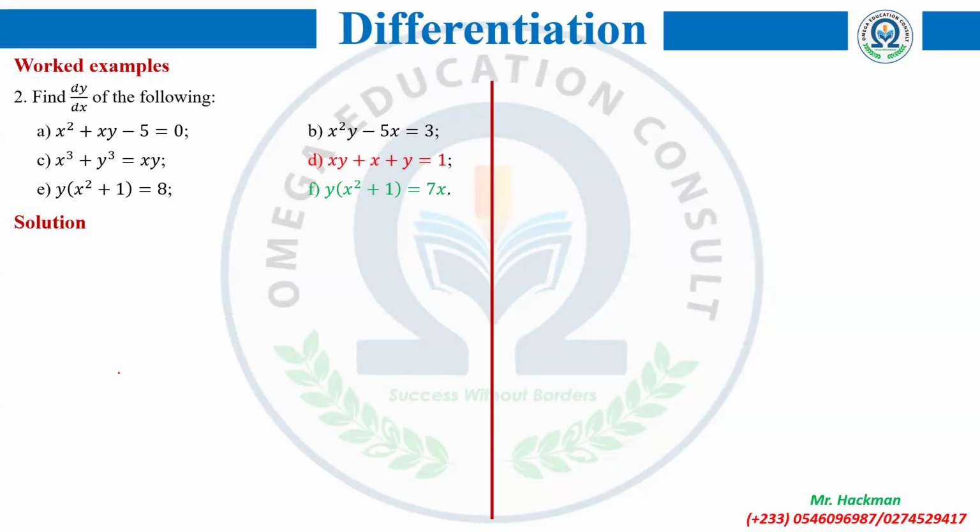All right, so as you read the question, make it a habit to underline the salient points, if any. Here, we are asked to find dy dx of the following. I've told you, anytime you are asked to find dy dx, it means you are differentiating, and you should know the differential operator.